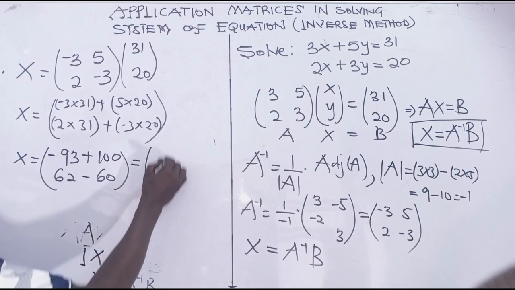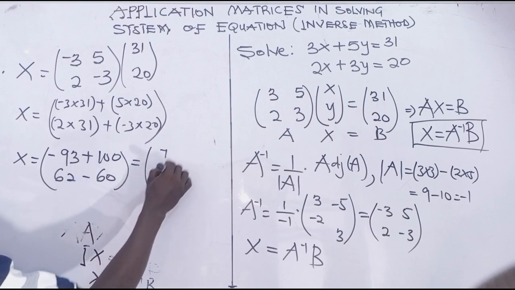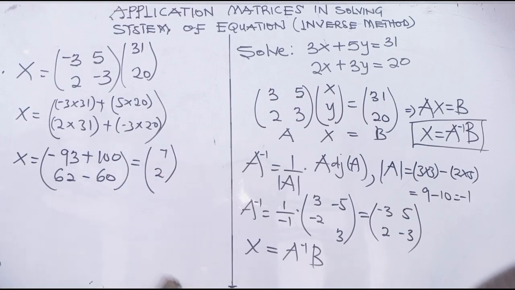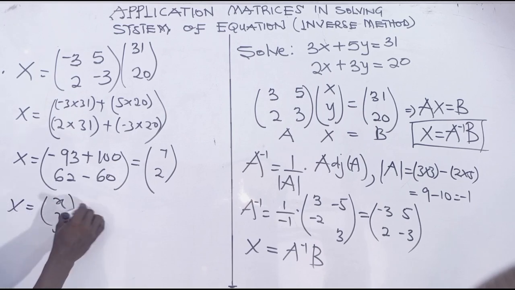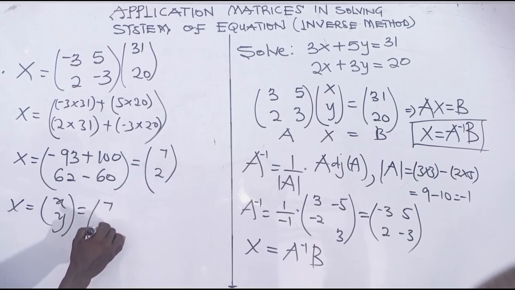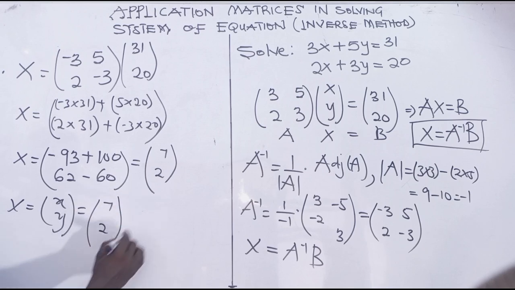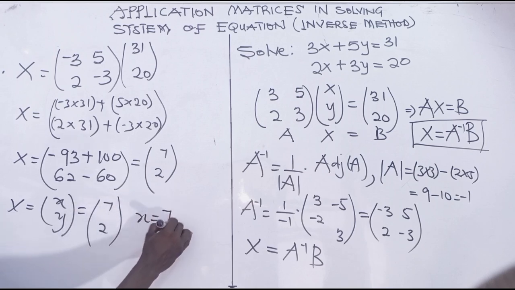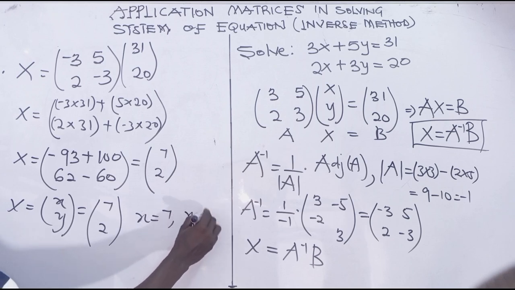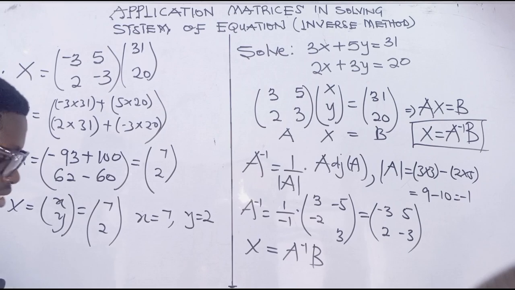So we have 7 and then 2. X is equal to x and then y. So this is equal to 7 and then 2. So we can say that our x is equal to 7 and our y is equal to 2. As easy as that. Let's take one more example.